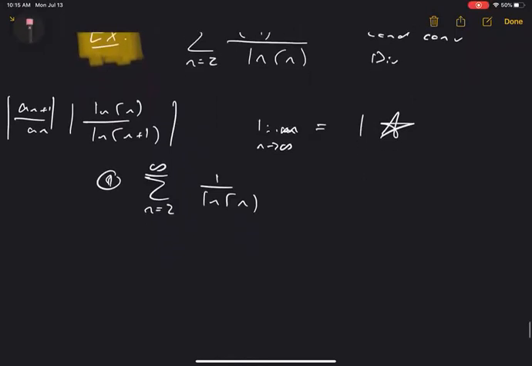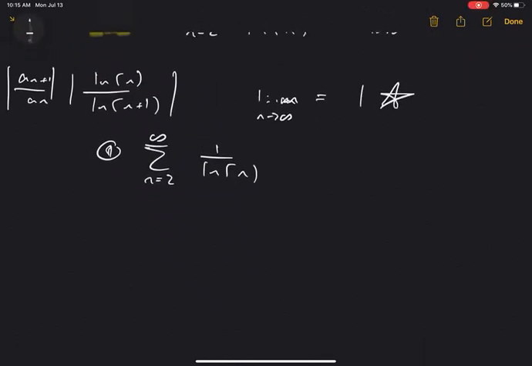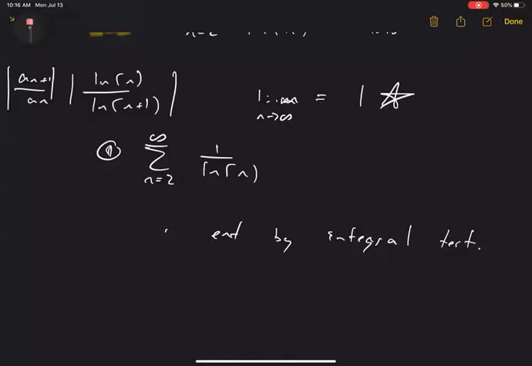Okay, we have a series of absolute values. I want to show it's divergent. How do I show it's divergent? I could do integral test, right? I'll just say divergent by integral test. Scratch that.